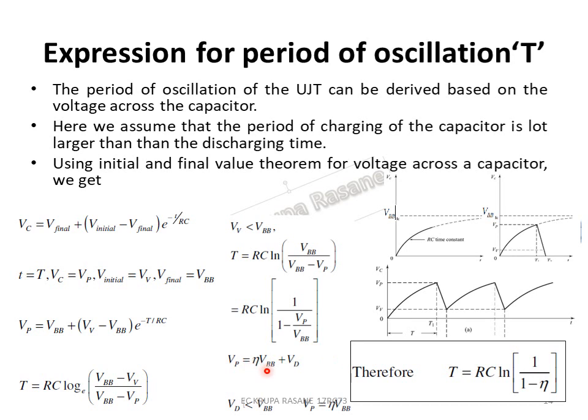But what is V peak? Here V peak is eta times VBB plus VD. Assuming VD is very small compared to VBB, V peak is eta times VBB. And hence, substituting, I will get T is equal to RC log.